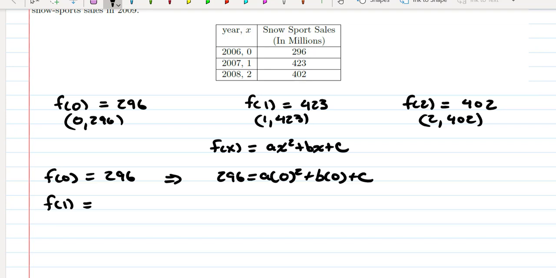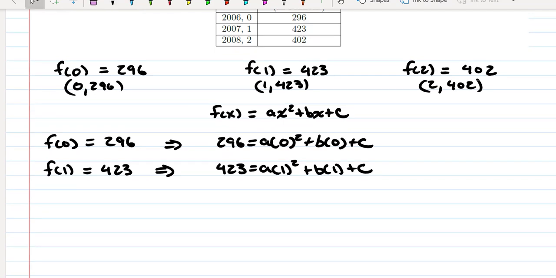f of 1 equals 423 gives me my output: 423 is equal to a times 1 squared plus b times 1 plus c.